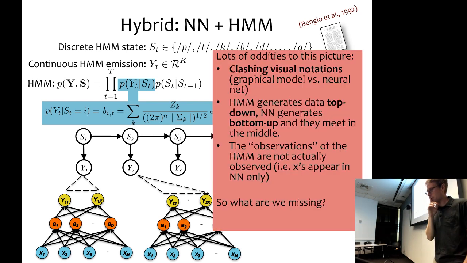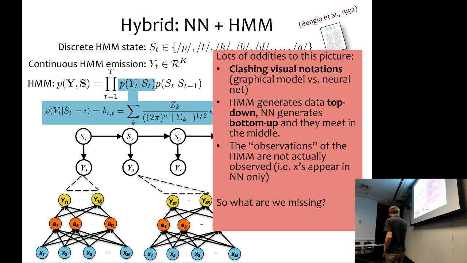Okay. So there's a whole lot of things here. I can imagine this paper coming out in 1992 and everybody thinking to themselves, what on earth? Because there's this huge clash of visual notation. The graphical model that we're talking about here is a Bayesian network, and so the arrows in that graphical model are pointing from the top down to the emissions.